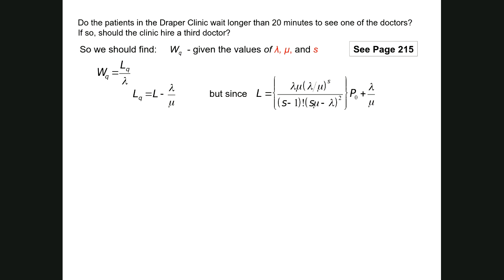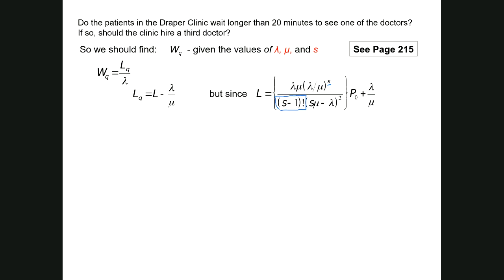Let me go through it. It looks a little messy, but it's not that hard. There's really 3 terms. There's a quotient here, where the numerator is lambda times mu times lambda divided by mu raised to the S power. The denominator is S minus 1 factorial. Again, hopefully you remember what that factorial is.